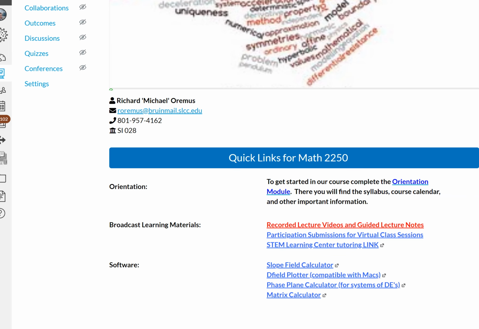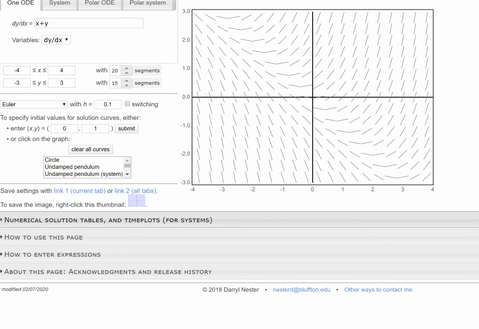So if you were to click on this program, it allows you to enter your differential equation. So let's enter the one that we just did a moment ago. Ours was not in terms of y and x, but in terms of y and t. And our differential equation was not t plus y, but t minus y.